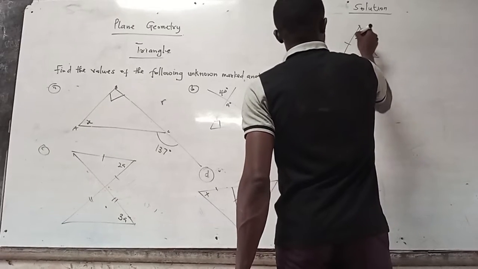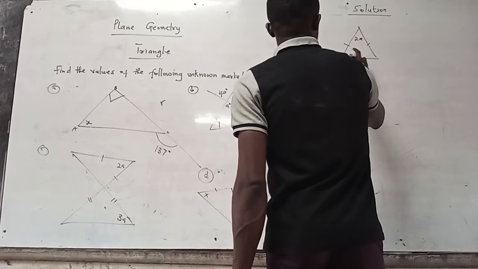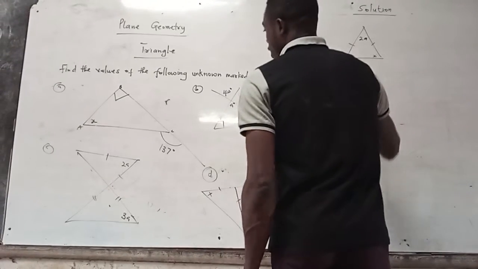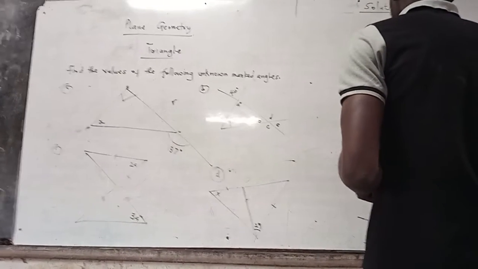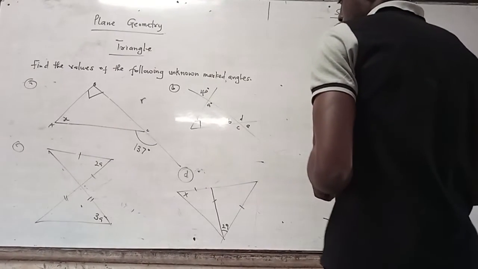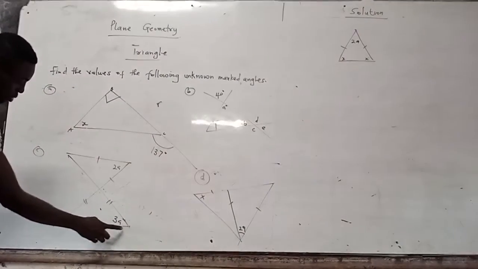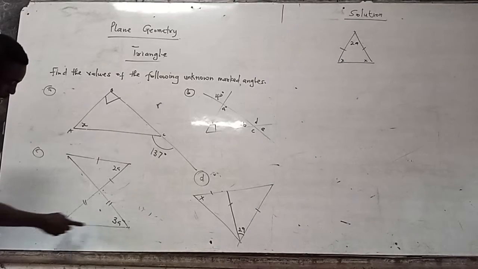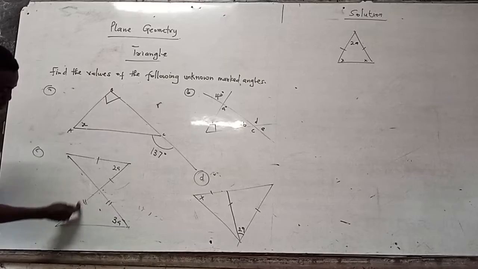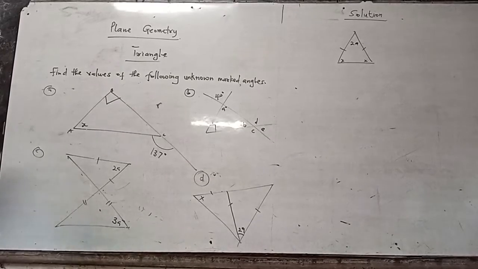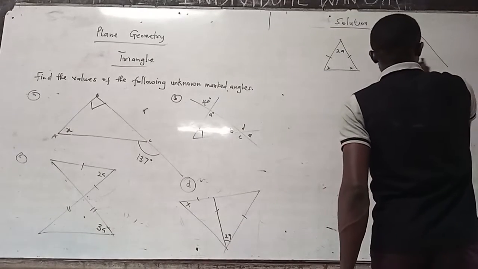This is 2A. The angle that we find here should be equal to the angle that we find here. And you can see that the angles formed within this triangle also sum up to 180. So let's draw that triangle also here.